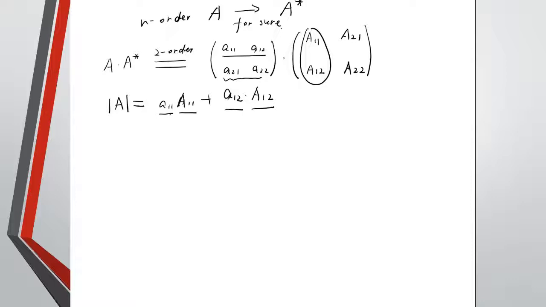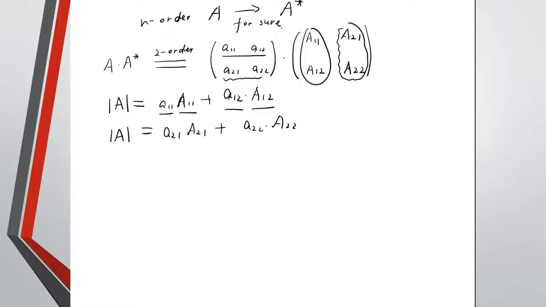This one and this one. So this one will become A12 times big A21, small A21 times big A21, and plus small A22 times big A22. Yeah, the same thing happens. Corresponding element times its own algebraic complement. So we can say this equals the determinant of A2.